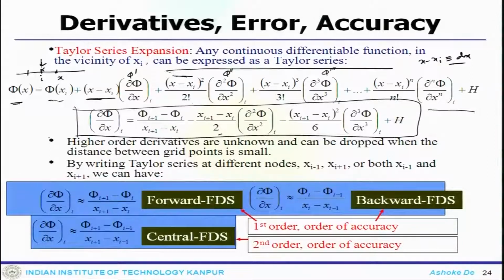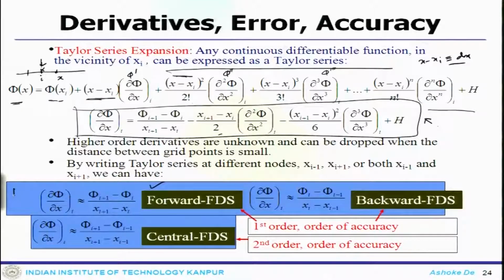Now when you are trying to find the higher derivatives, if you drop the higher terms, that will lead to the reduced order system. If you retain the higher order terms, it will give you the higher order system. So as we have seen, the forward one is always first order accurate, that means the truncation error is of first order.